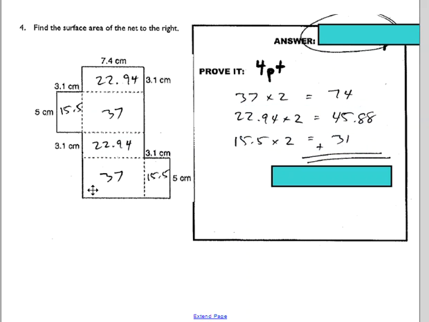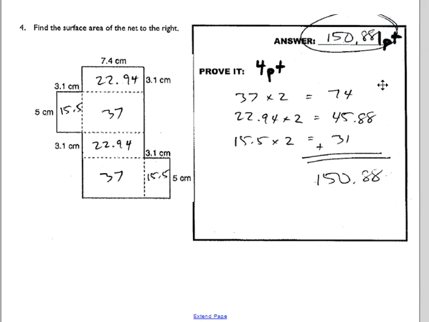You could add them all up, or you could do what I did. I know I have a 37 side, but there's 2 of them. I have a 22.94, but there's 2 of them. I have a 15.5, but there's 2 of them. So if I double all of those and add them together, I get 150.88. This would be square centimeters.